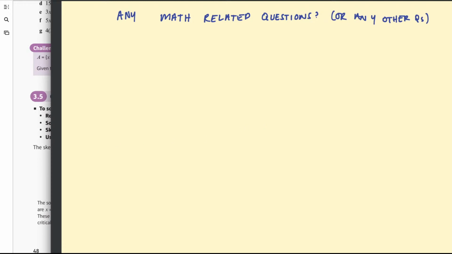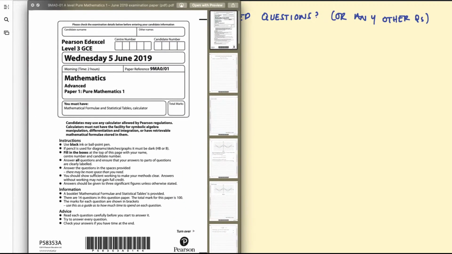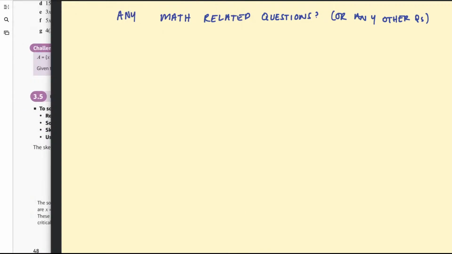I was looking in the exam papers from last year, and I saw a question similar to that one that you had yesterday. Where is it? Now I can't find it.